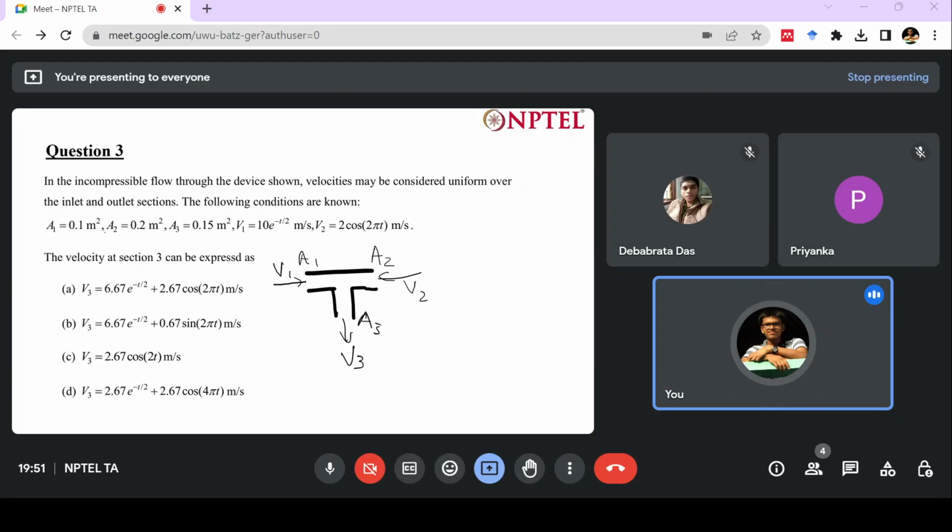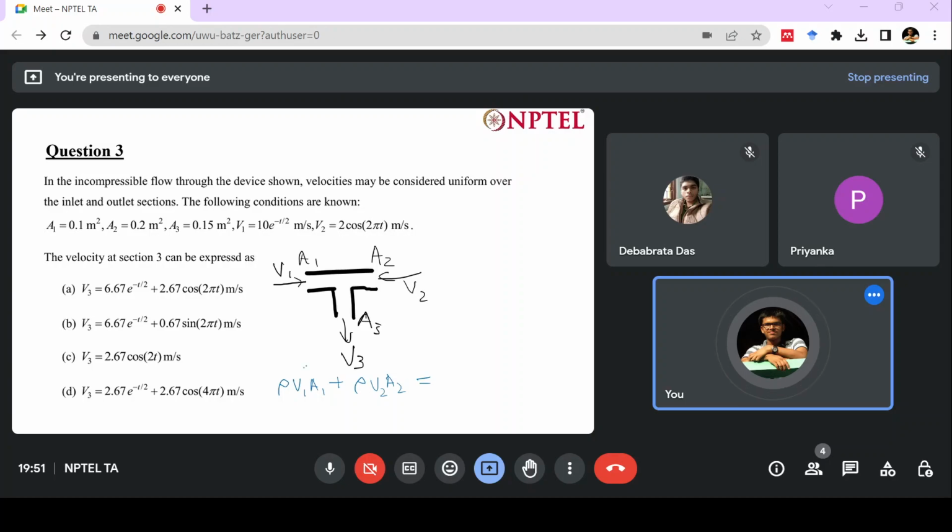So what will be the equation? We don't always need to write the elaborate Reynolds transport theorem. This is pretty straightforward, right? It is an incompressible flow, so my densities are constant, and rho I can cancel. It will be rho v1a1, the mass flow rate through my first inlet, plus rho v2a2, the mass flow rate through my second inlet.